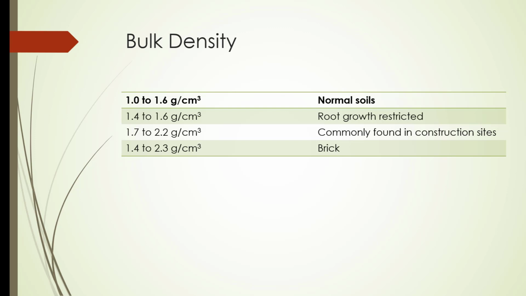And some people bring in soil that has quite a bit of organic matter. When we do this bulk density test, you may actually be under 1 for your bulk density. And you can see once you get between 1.4 and 2.3, that is considered brick. And 1.7 to 2.2 is commonly found in construction sites. So bulk density totally affects how your plant material behaves.